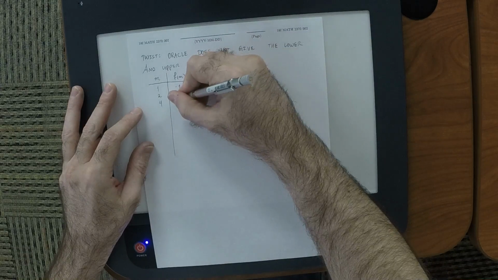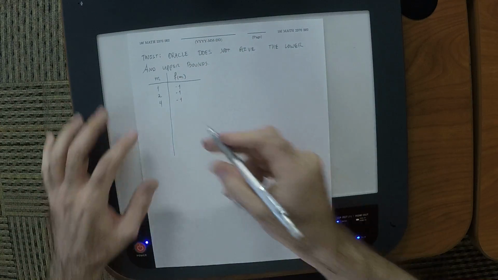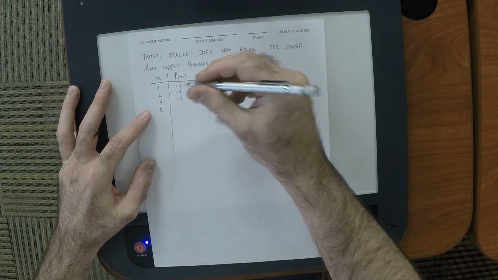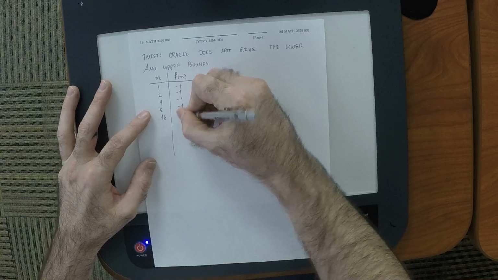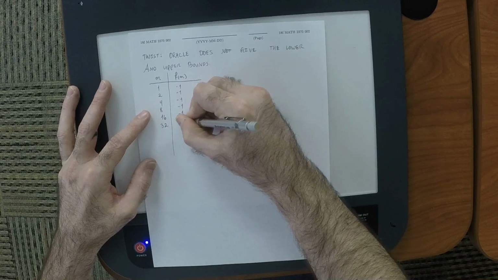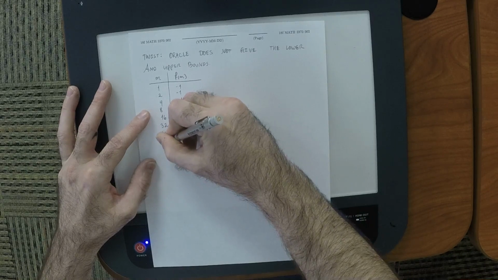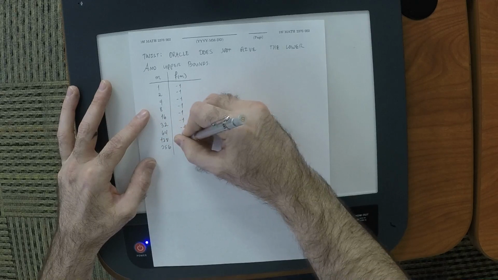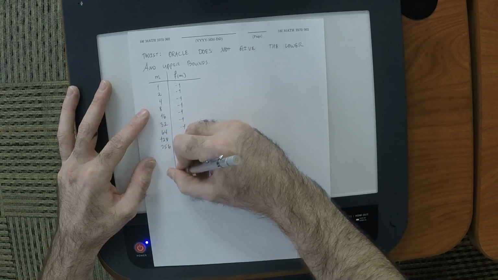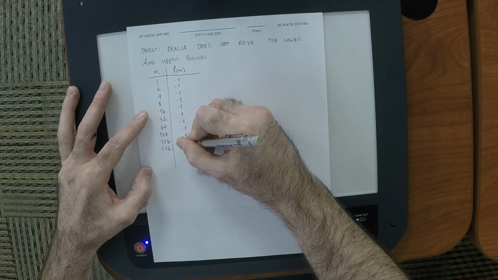Too low. So it doesn't really seem that awesome, right? This is going to take forever. 8? Too low. 16? Too low. 32? Too low. 64? Too low. 128? Too low. 256? Too low. 512? Too high. Okay.